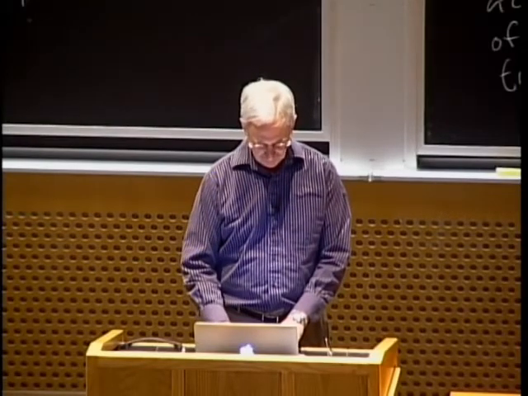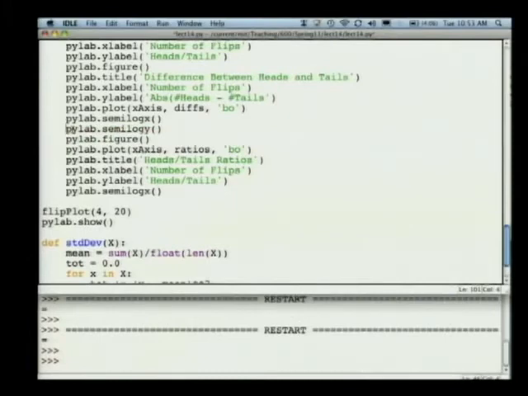Is I'm going to use logarithmic axes here. So pylab.semilogx says make the x-axis logarithmic, pylab.semilogy, the y-axis. And so in the case of the absolute difference, I'm going to make both logarithmic. Why am I doing that?